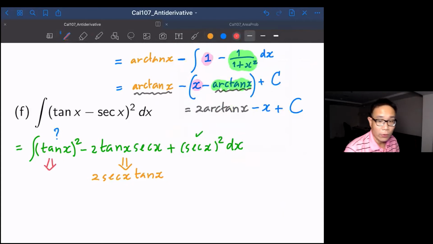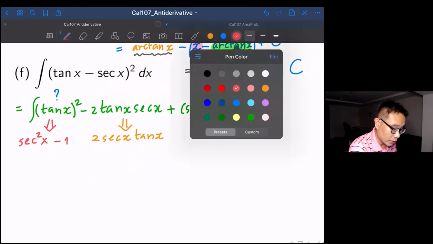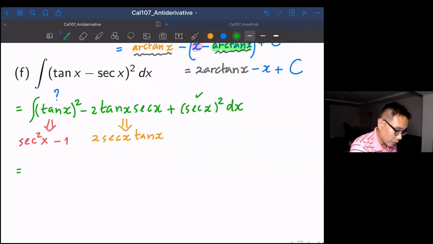So we know tan squared can be written in terms of secant squared. So this guy is secant squared x minus 1. Okay, so for tan squared, it turned out to be secant squared minus 1. And you see that we'll be able to integrate secant squared. So that's what we gonna do. So here it's gonna turn out to be integrate.